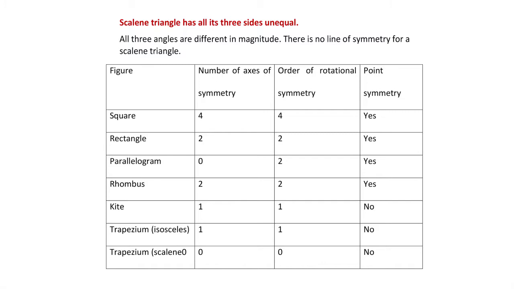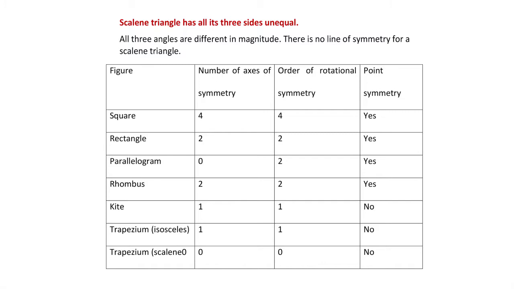Look at your screen. You can see the table summarizing the symmetry of quadrilaterals. We're looking at the shape, the number of axes of symmetry, the order of rotational symmetry, and whether or not it has point symmetry.